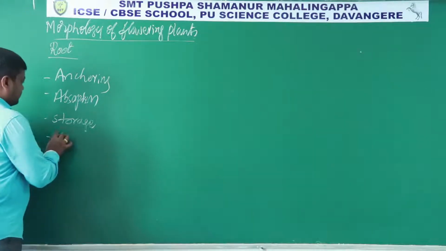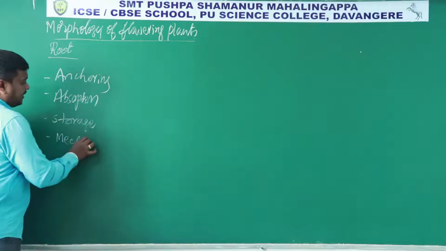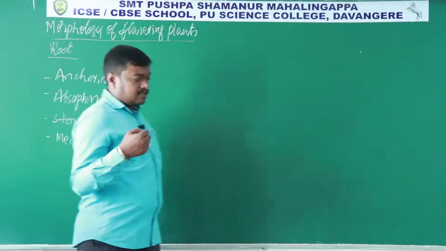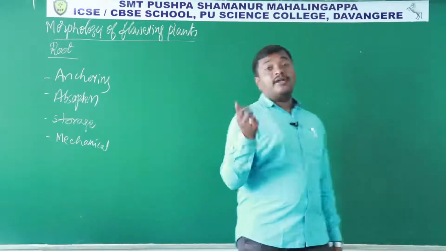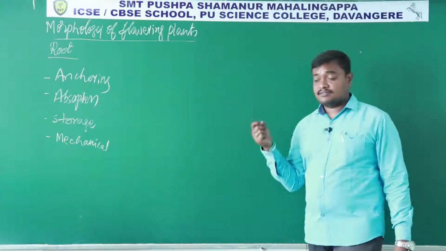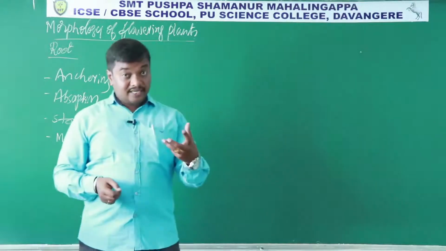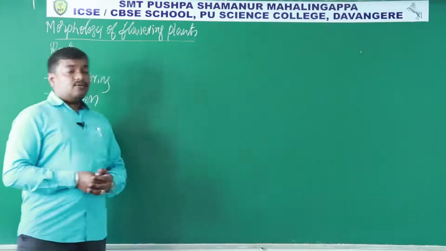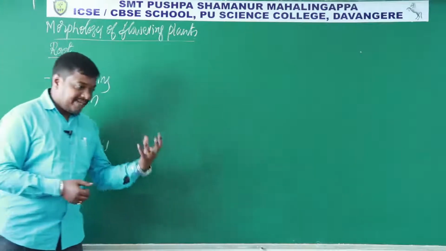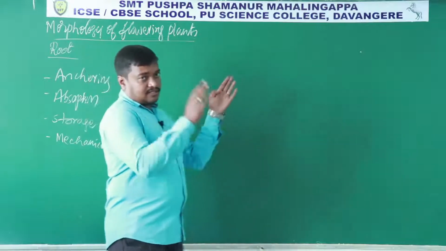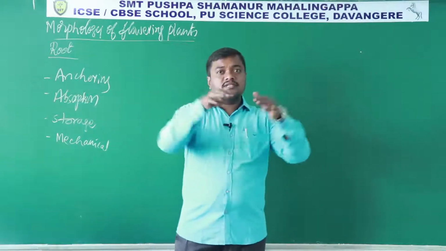We also discussed mechanical supportive roots yesterday. Mechanical supportive roots are the roots which help in supporting a plant. Most of these are adventitious roots only. In the banyan tree there are prop roots, which help the tree spread over a larger area.